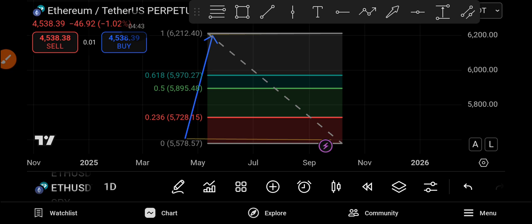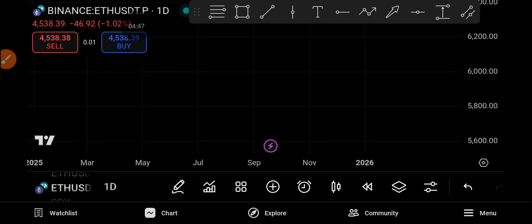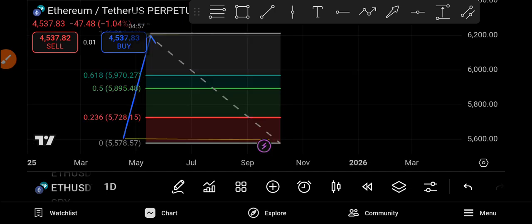Now, when the market retraces, it will always retrace 50% and below. If the market is above 50%, just know those are premium levels. On those levels, we are looking at sells, and when it is below 50, we are looking at buys.